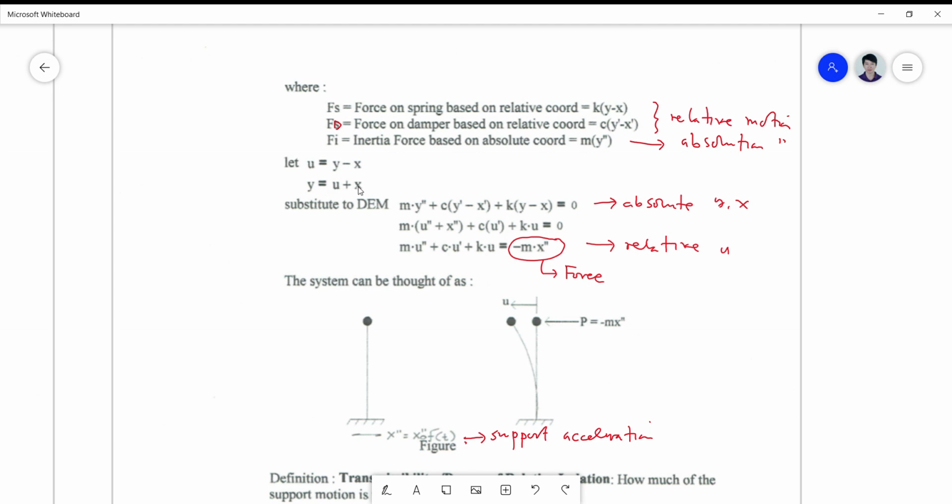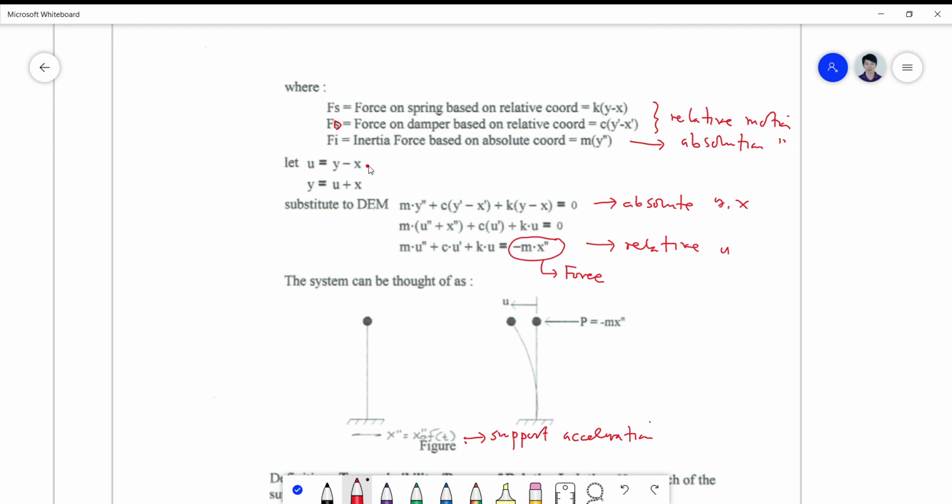So it's better to use a relative variable for a simpler differential equation of motion, with of course the absolute x variable still remaining, because x is actually a given.